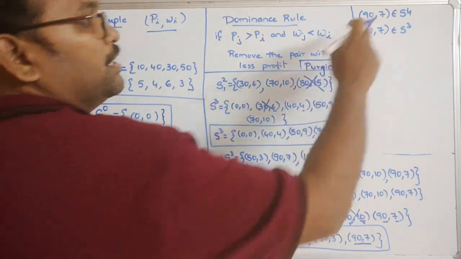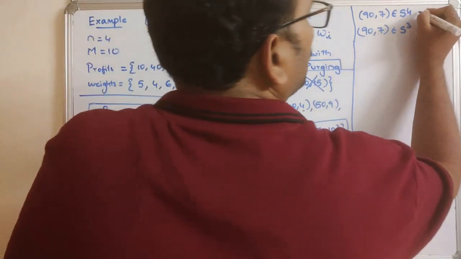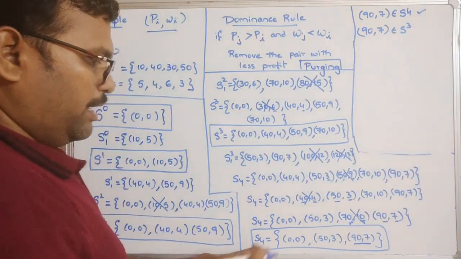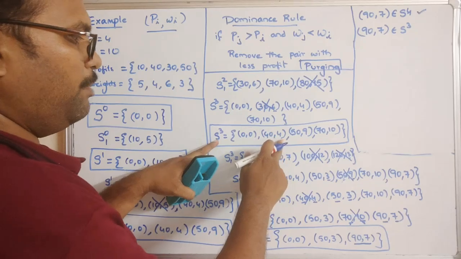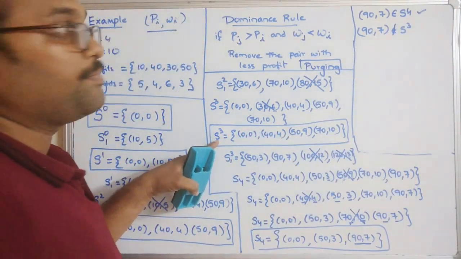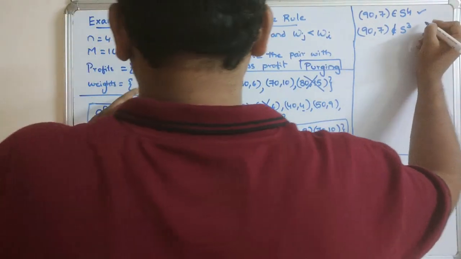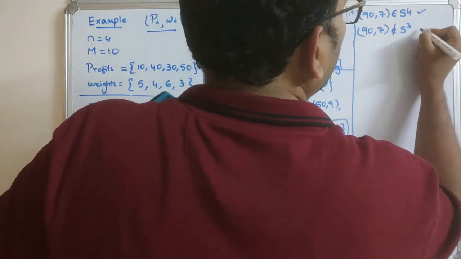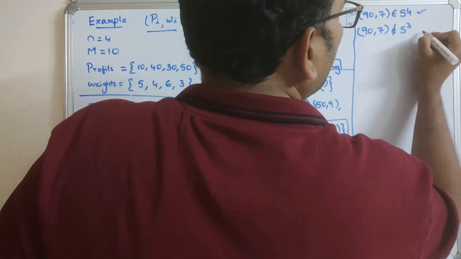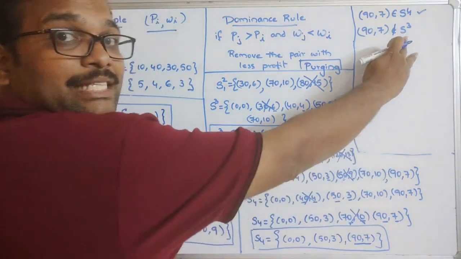Which one is true? 90, 7 is available in S4. 90, 7 is available in S3? It doesn't belong to S3. So here you can see it is in S4, not in S3.